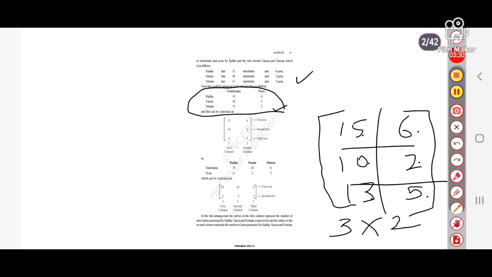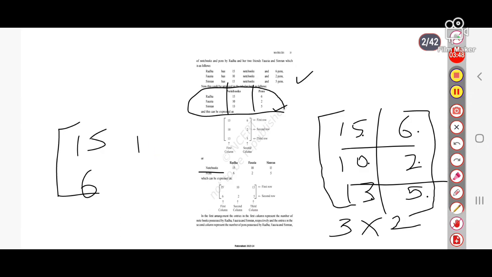When the notebooks and pens are arranged column-wise, it is expressed like this. When they are arranged horizontally, row-wise, it will be represented like this. That's it, no change in that.